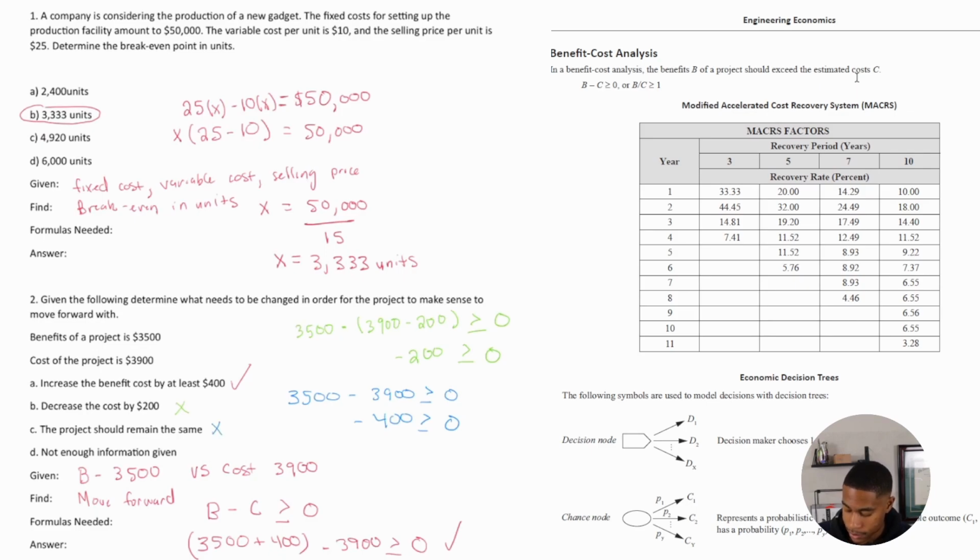And then an option where not enough information was given, which is wrong again. We do have enough information, so I'm going to go with A.